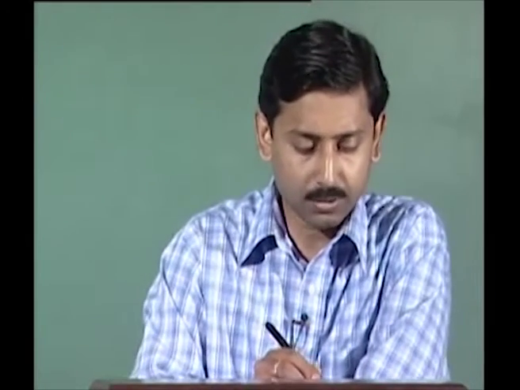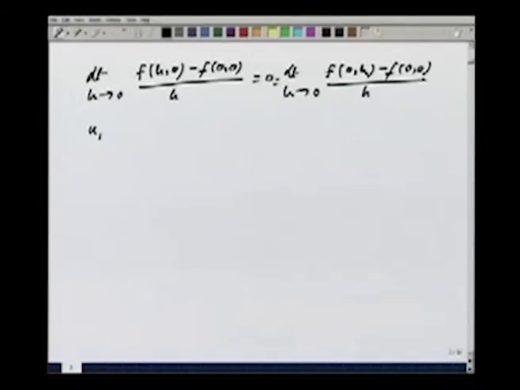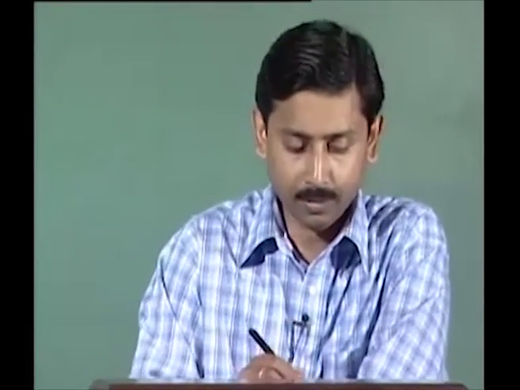Now the question is about other directional derivatives. So let me choose a vector (u1, u2) such that u1 is not equal to 0 and u2 is not equal to 0. Because if one of them is 0, that case I have already taken care of in the usual partial derivatives.